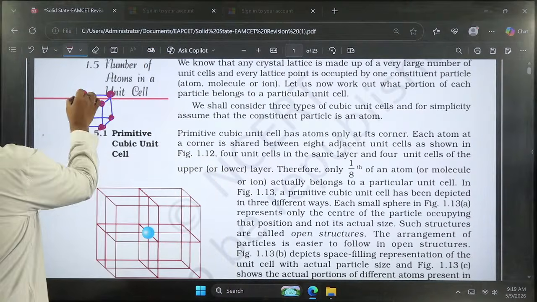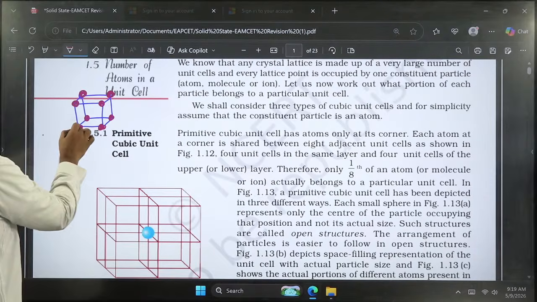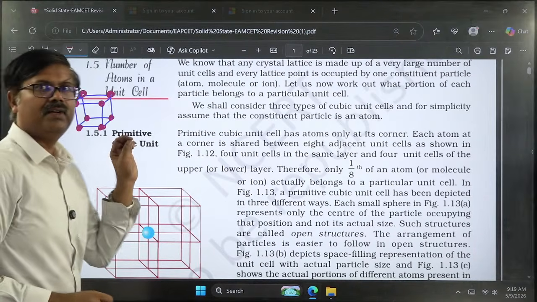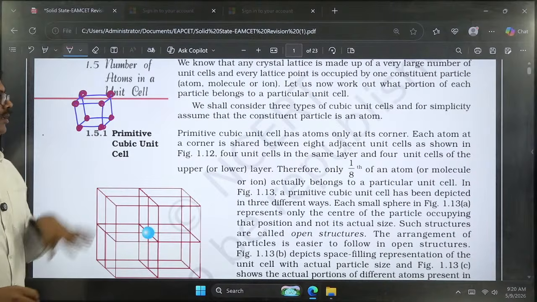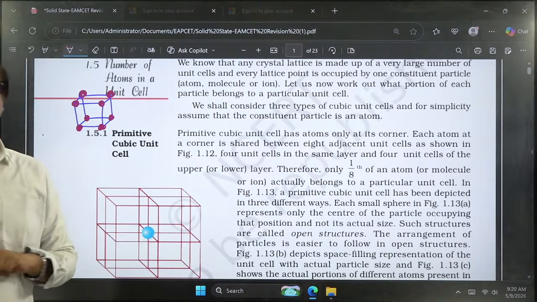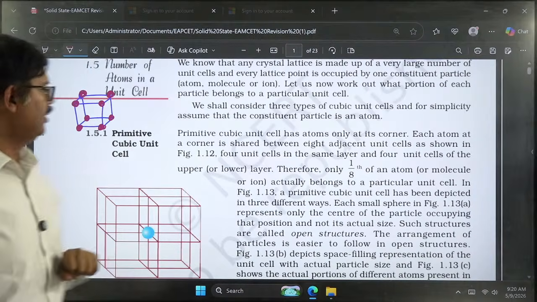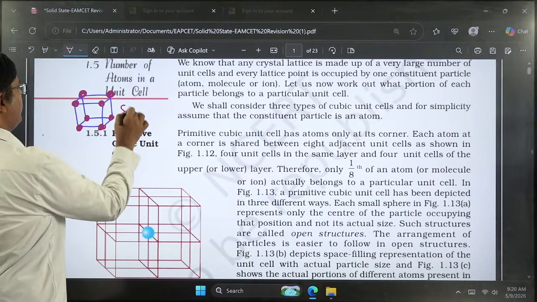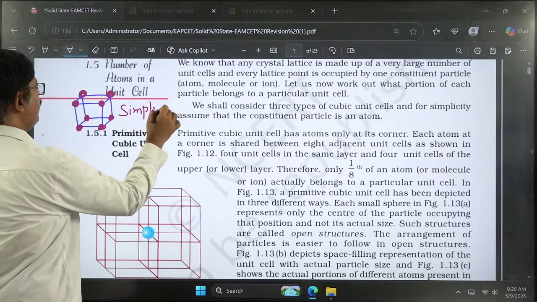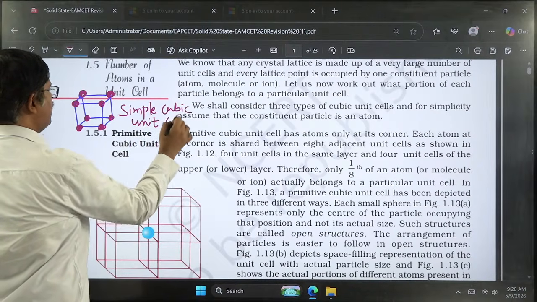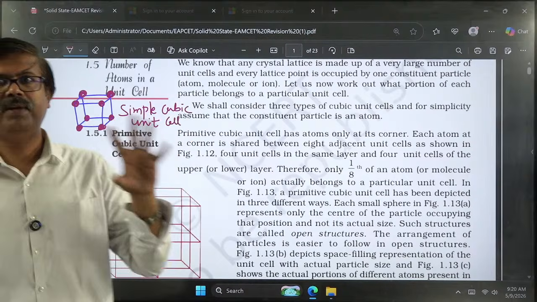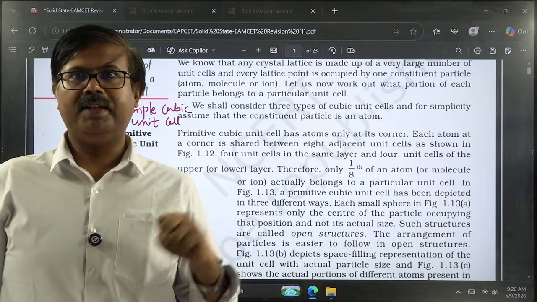Imagine these 8 points, each point at each corner of the cube, 4 above, 4 below. Now like this 8 atoms are arranged in this manner. This is called a simple cubic or primitive cubic unit cell. This is the basic one, that's why it is called a primitive unit cell.